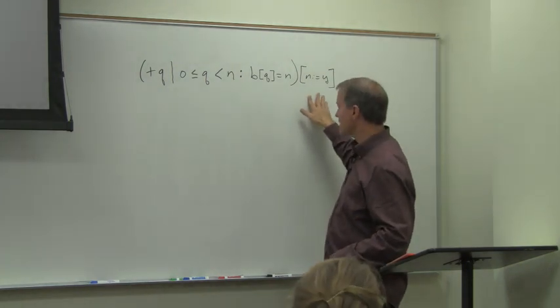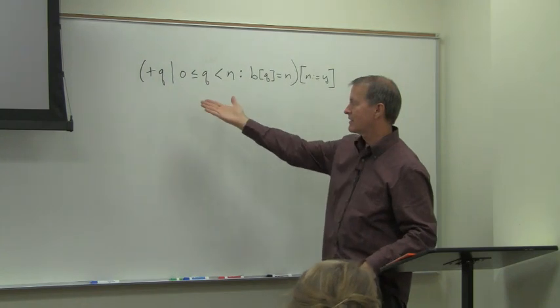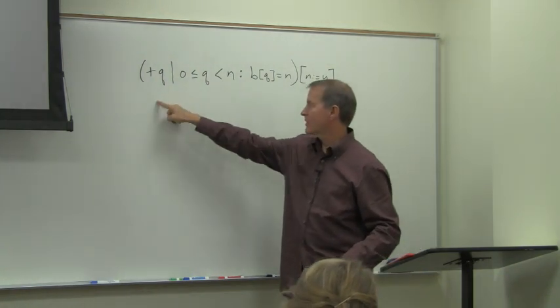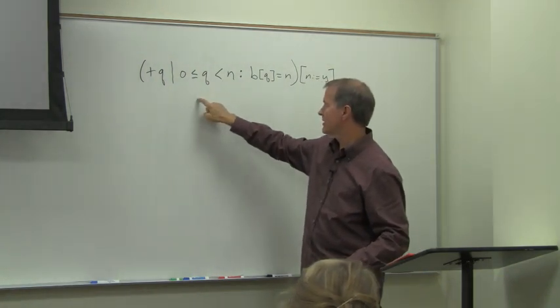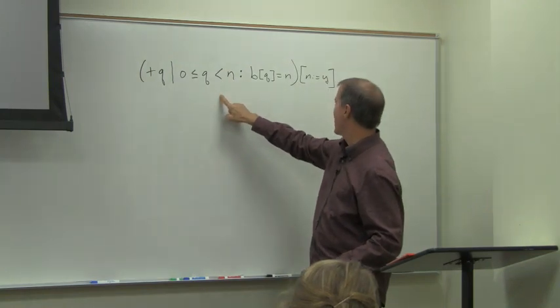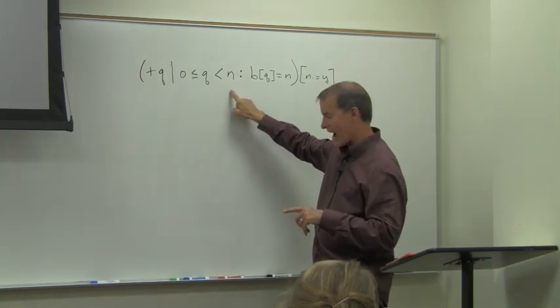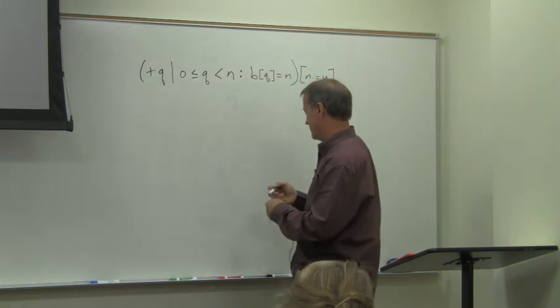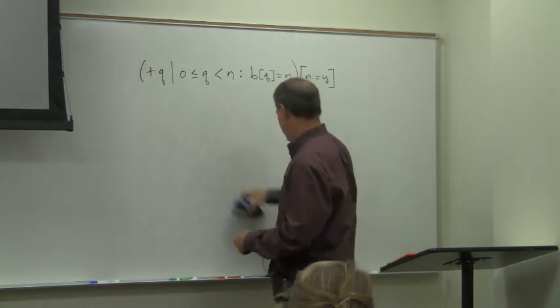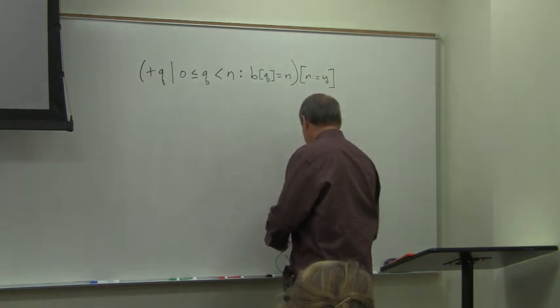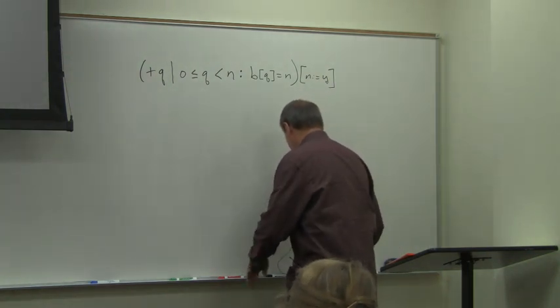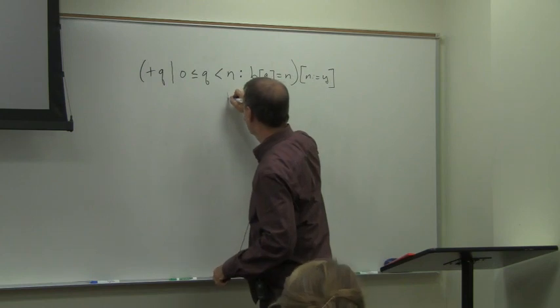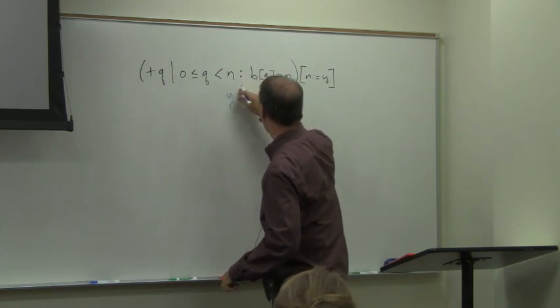If we do this textual substitution in here, what do we get? Plus Q, 0 less than or equal to Q, less than what? Y. So this one's going to be Y, and then what?